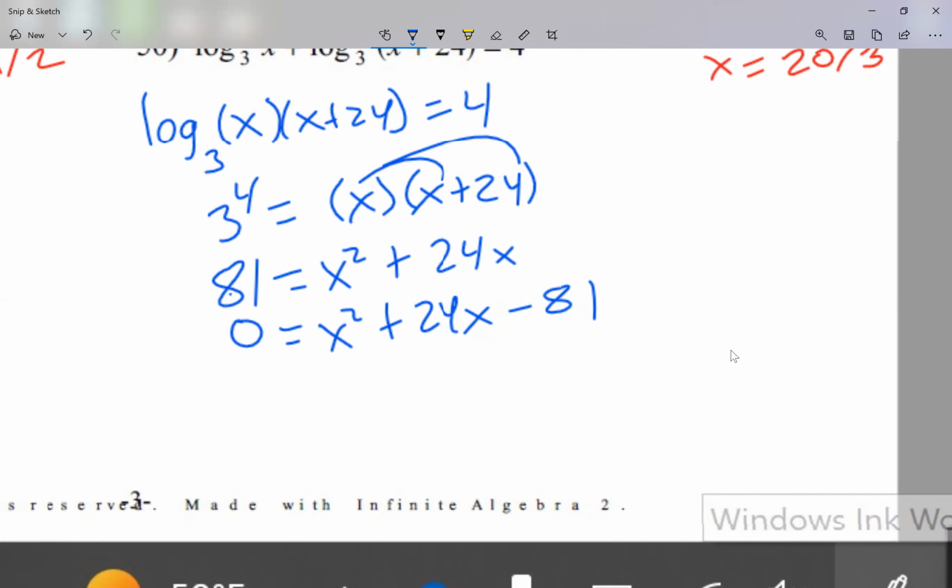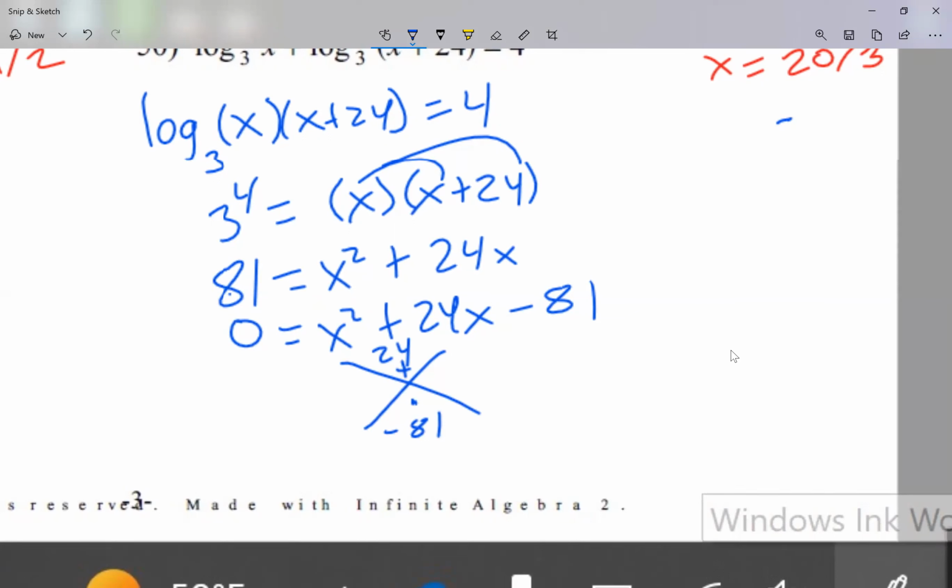Now factor, right? Remember you guys did that in Algebra 1. So let me see. What I'm really looking for is two numbers that when I multiply my numbers is equal to negative 81. When I add my numbers is equal to positive 24.